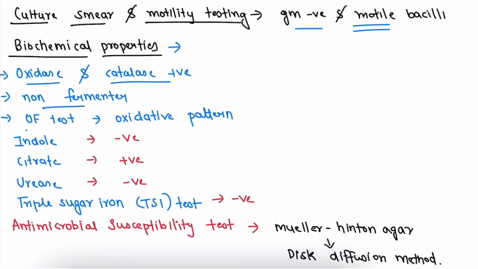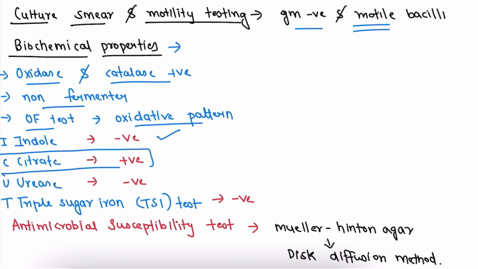In the OF test, we are going to see an oxidative pattern. In ICUT, indole test is negative, citrate test is positive, urease test is negative, and triple sugar iron test is also negative. So in ICUT, only citrate is positive and the rest of the tests are negative.